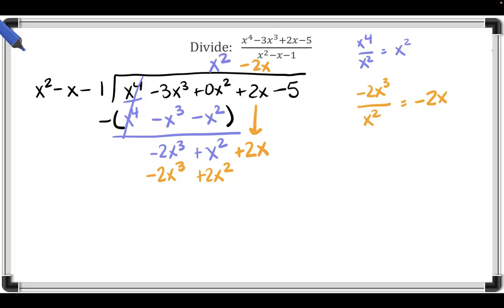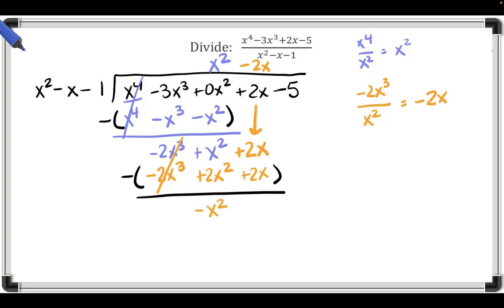And then negative 2x times a negative 1, which is a positive 2x. Again, if we're subtracting, we put parentheses around there to help you remember to distribute that negative sign in. That first term is going to cancel. So I have x squared minus 2x squared, which is a negative x squared.